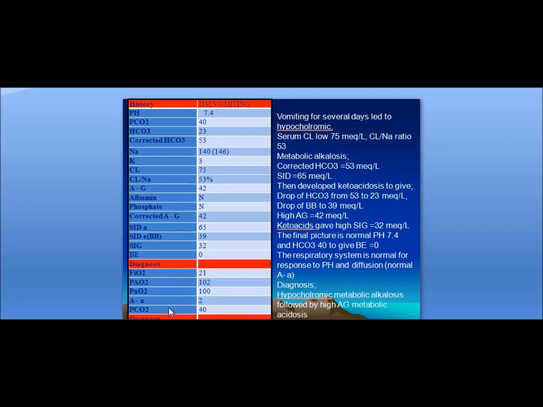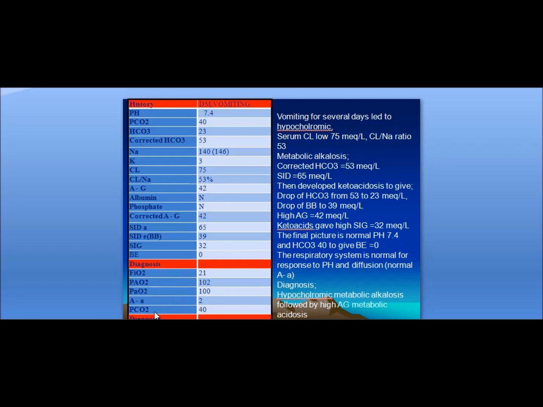When it comes to the oxygenation state, he was in room air. The calculated alveolar pressure of oxygen was 102. The measured arterial oxygen was 100. Alveolar arterial gradient was 2. This is normal. So there is no problem for the oxygenation state of the lung.